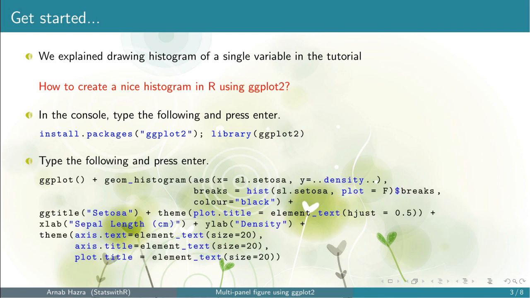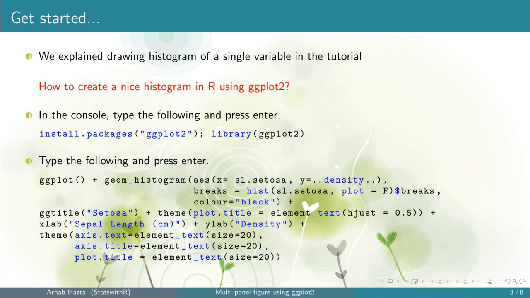In the console window, type ggplot, a blank bracket, plus geom_histogram within aesthetics x equals to sl.setosa, y equals to ..density.. This specification of y ensures we draw the proportion but not the frequencies. Then outside aesthetics, breaks equals to hist(sl.setosa, plot equals to FALSE), then outside bracket $breaks.